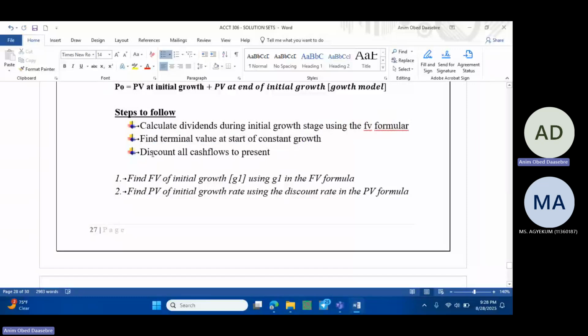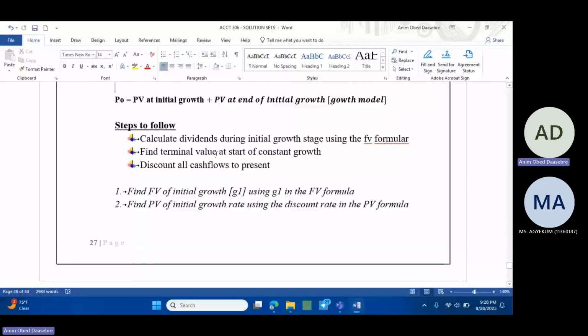Then after you have done that, you discount all the cash flows to present. Always keep in the back of your mind that the price of each share or bond, the price of a bond or equity, is the present value of all the benefits or cash flows.